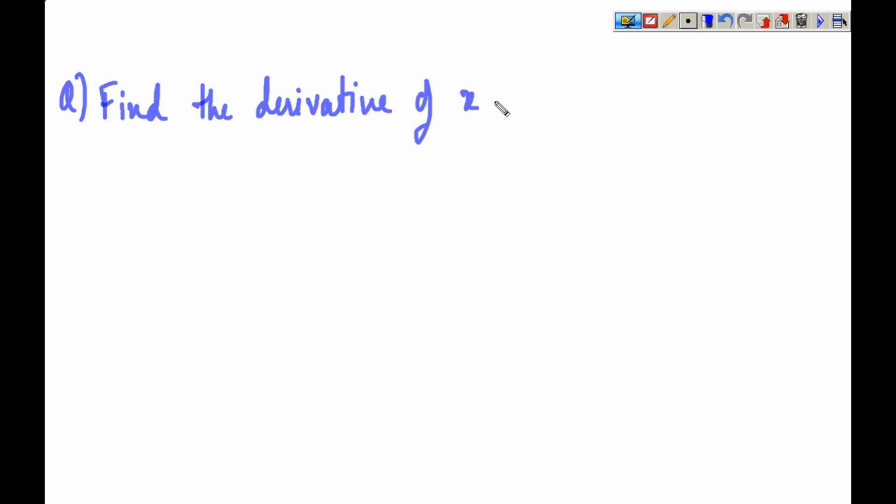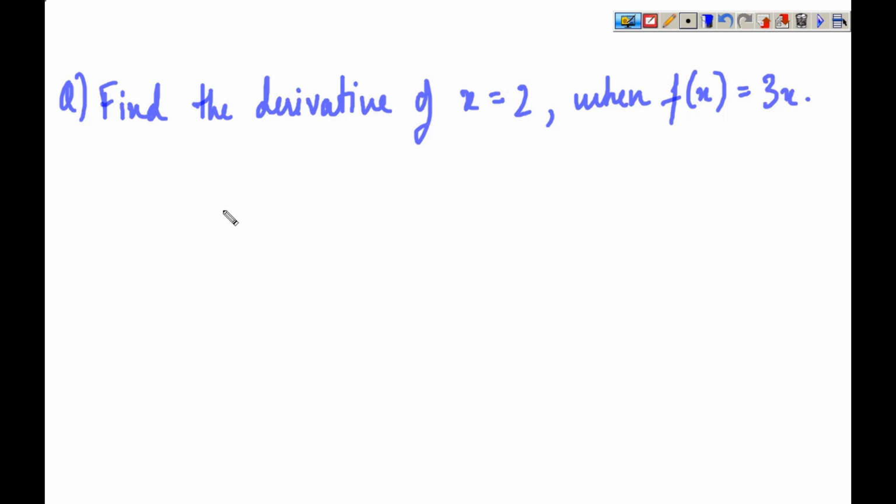So we have a question, we need to find the derivative at the point x equals 2, when the function is given as f of x equals 3x.